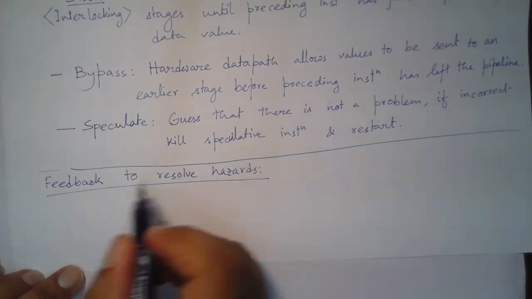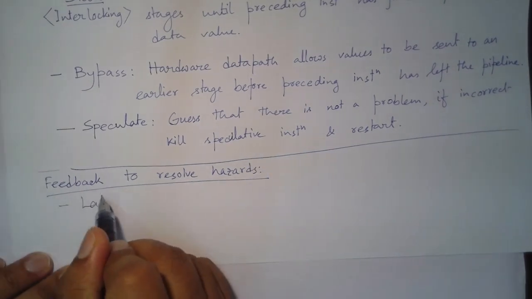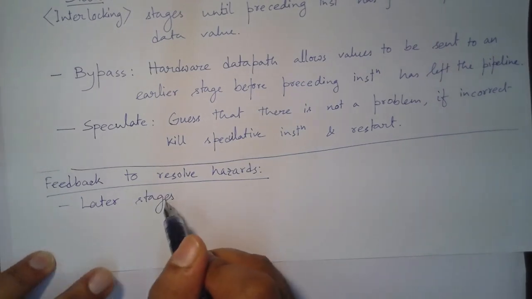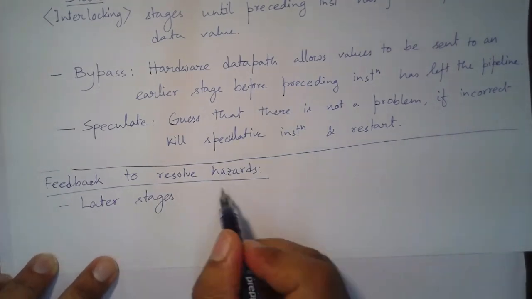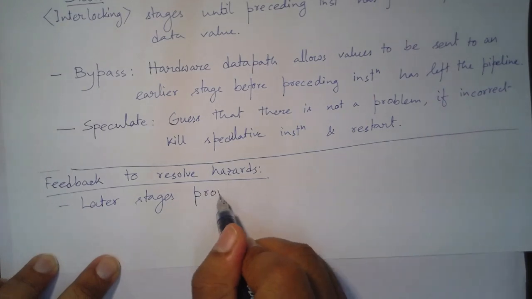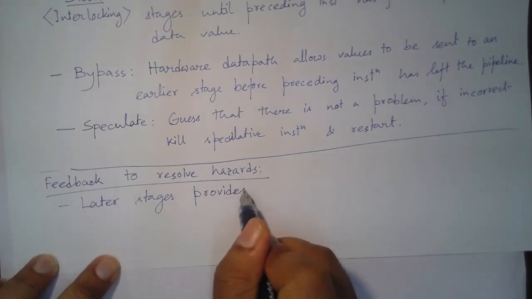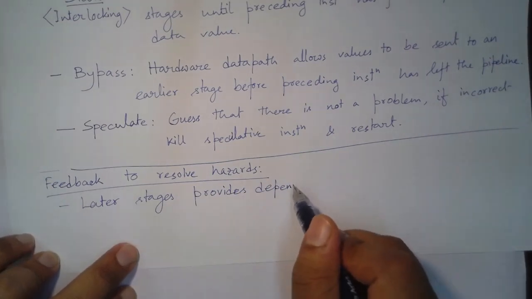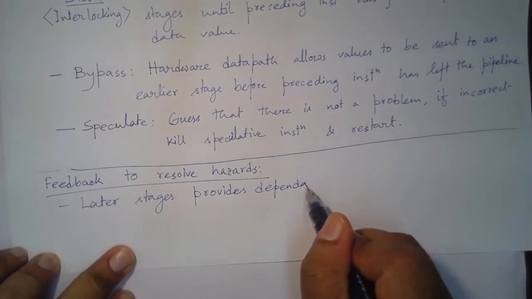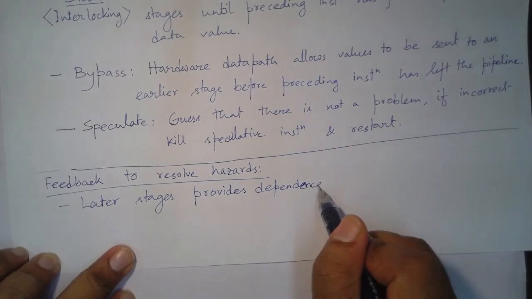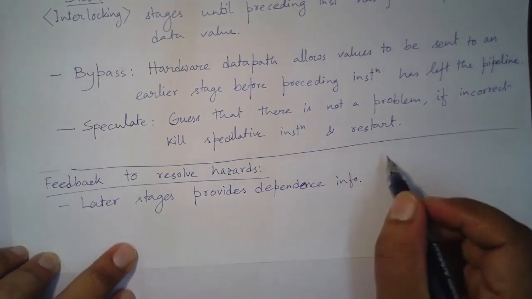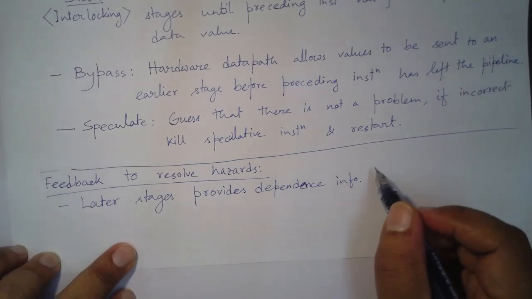So basically later stages provide dependence information to the earlier stages, which can stall.